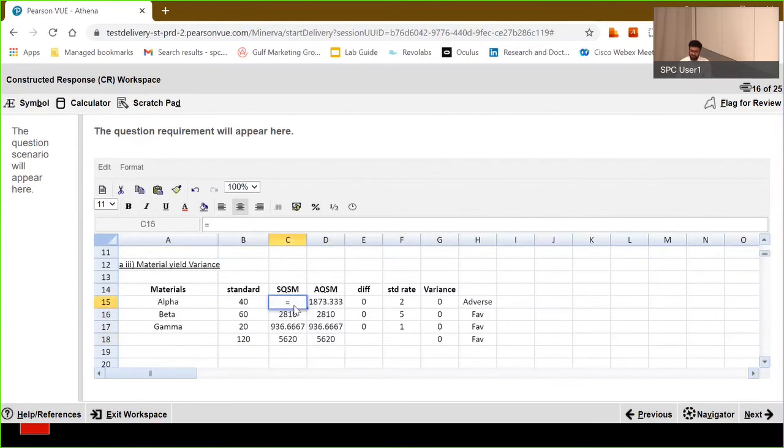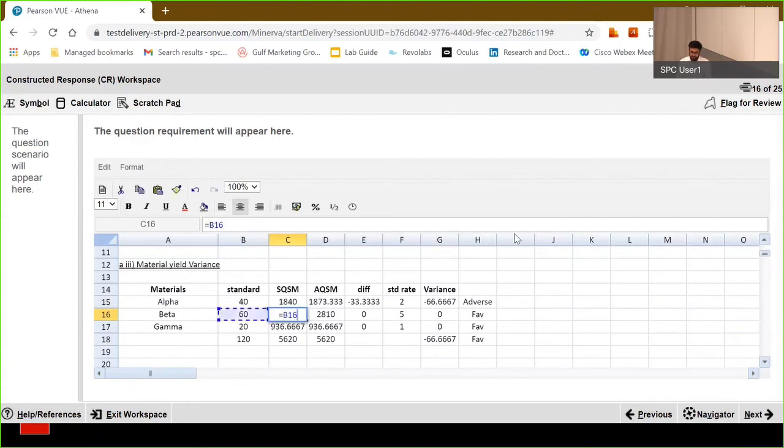It simply means standard quantity for actual production. If you want to make 100 kgs, then you need 40 kg of alpha. You actually produced 4600 kgs. Now because this quantity is not for 1 kg, this is for 100 kg, so in the end we multiply by 100. This gives you 1840.